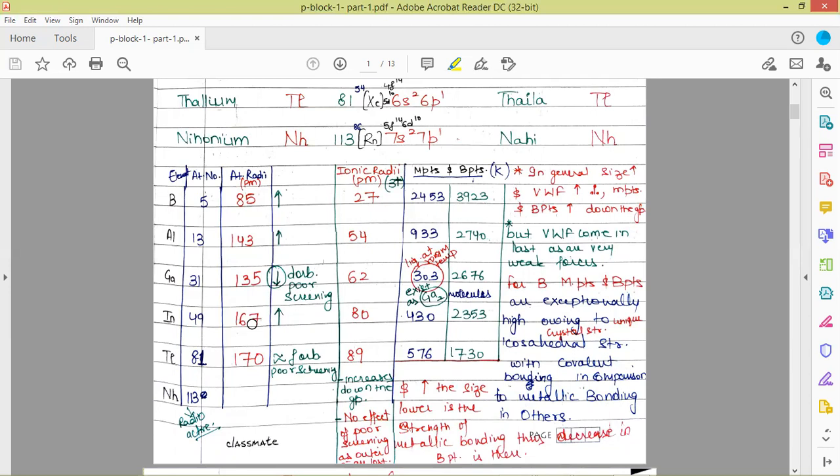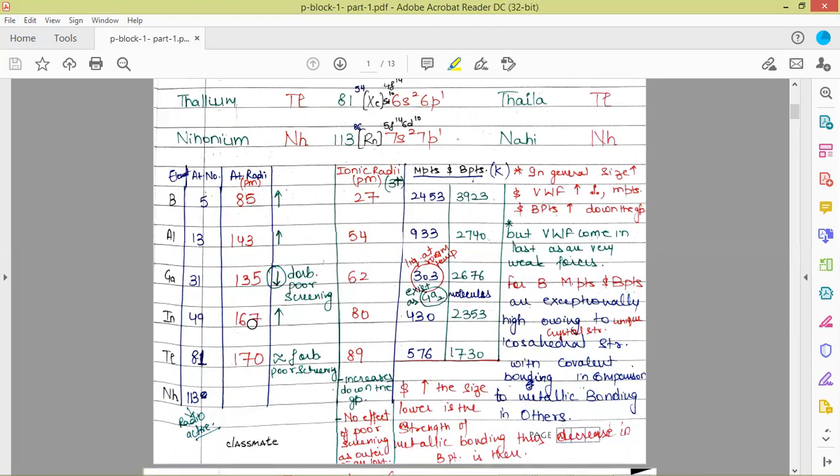So there is an increased nuclear pull on the electrons present outside the d subshell. Due to this poor shielding by the d electrons, the atomic radii decreases for gallium, because there is an introduction of the d subshell for gallium.